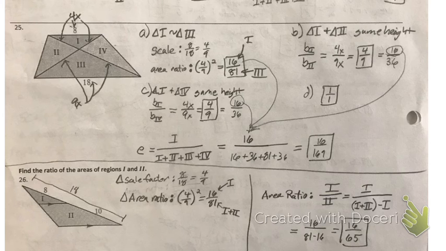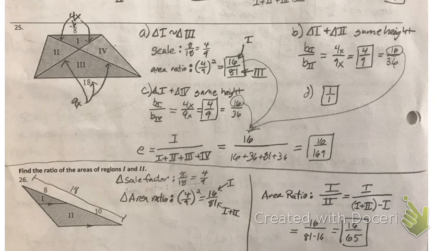So I come up with a scale factor, which is 4 to 9, which means our area ratio is 16 over 81. That is our area ratio between these two, because our scale factor is 4 over 9. Which means every one of these preserves that 4x to 9x ratio. That's what a length ratio is. It preserves everything.